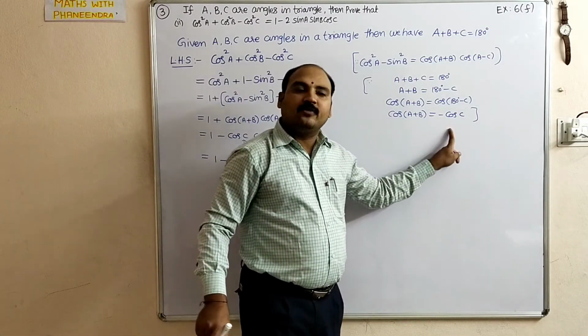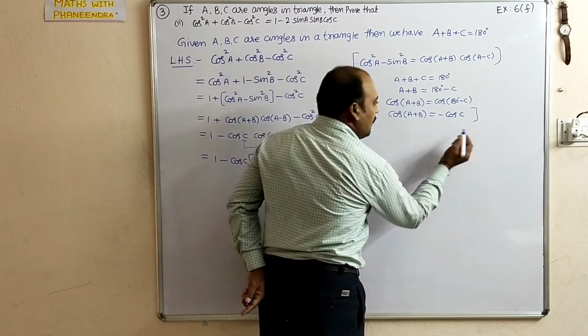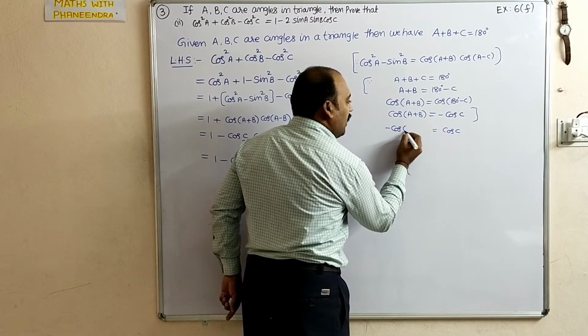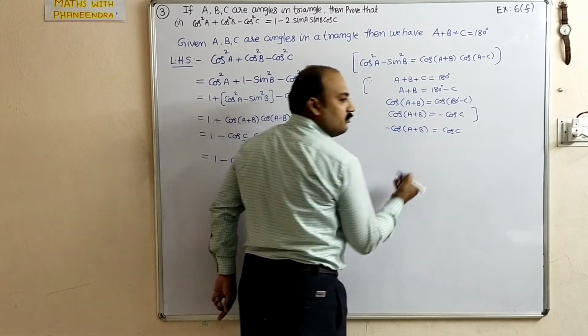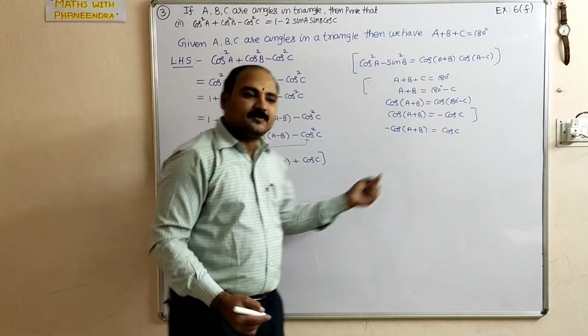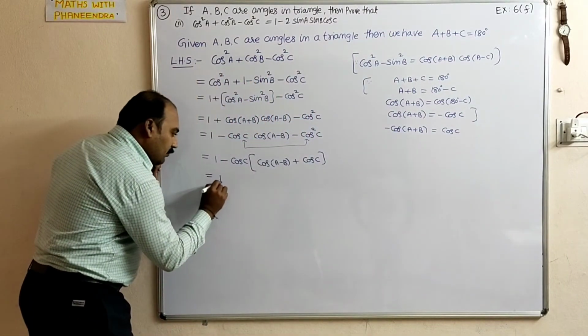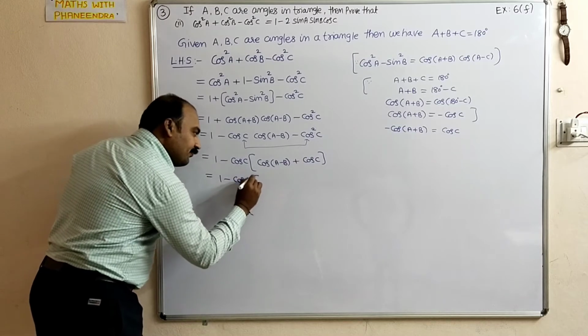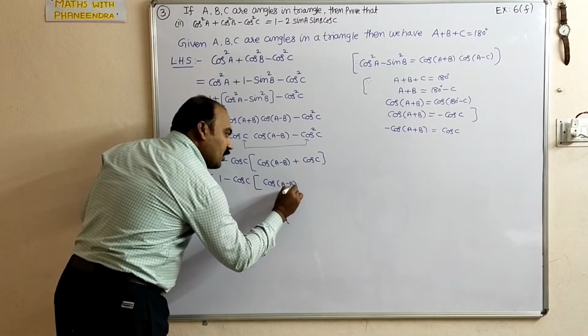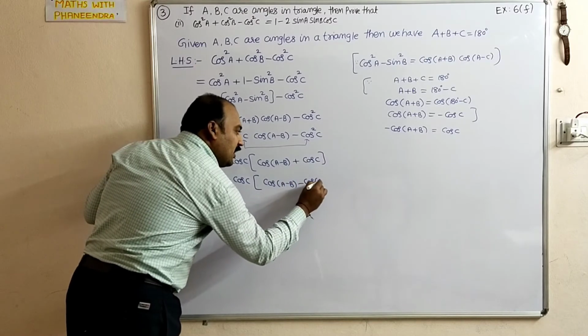Multiplying both sides by minus, cos C equal to minus of cos of A plus B. So wherever cos C is there, you have to replace it with minus cos of A plus B. So 1 minus cos C, cos of A minus B minus cos of A plus B.